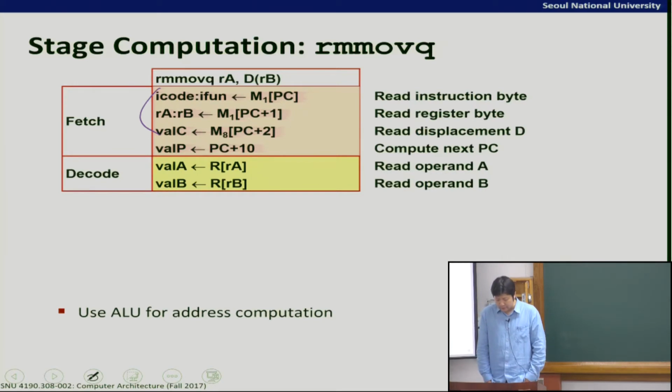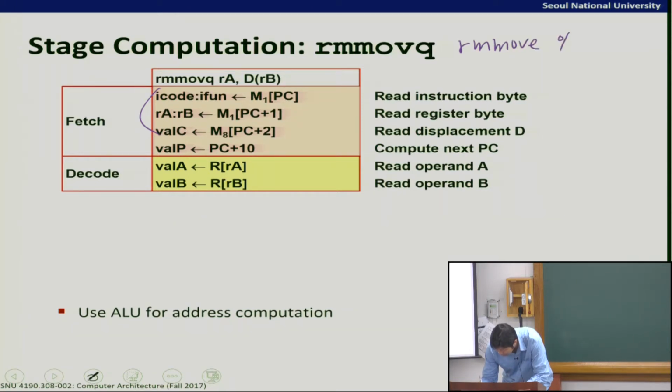In the decode stage, again, we read these two register values, RA and RB. Let's say we want to execute rmmovq RCX, 16(RAX).